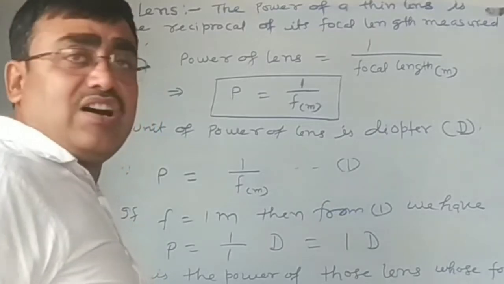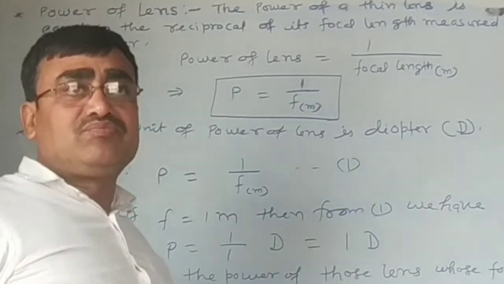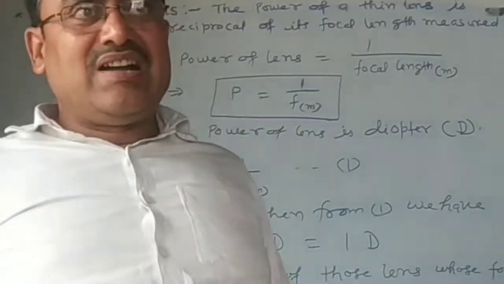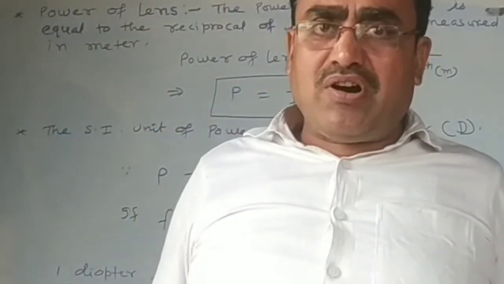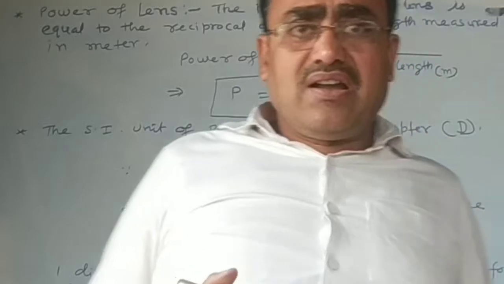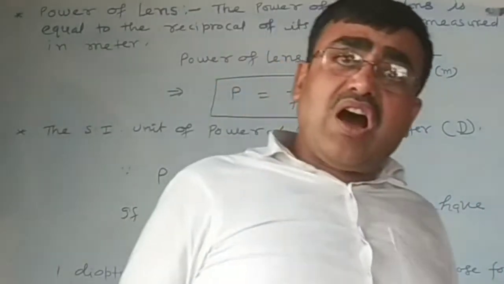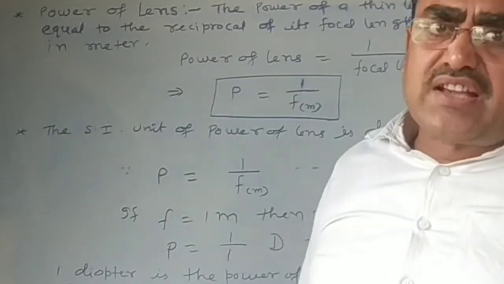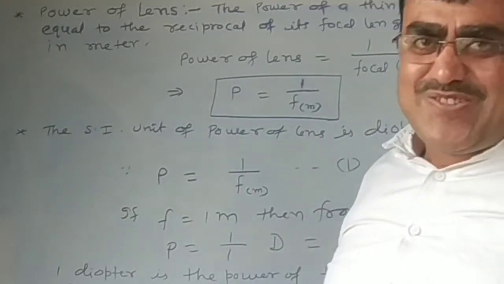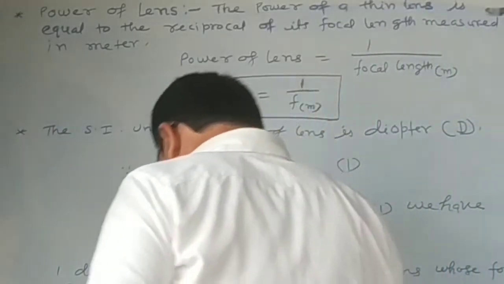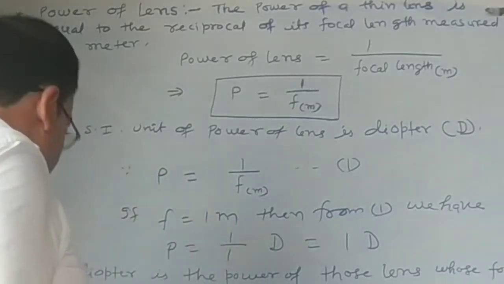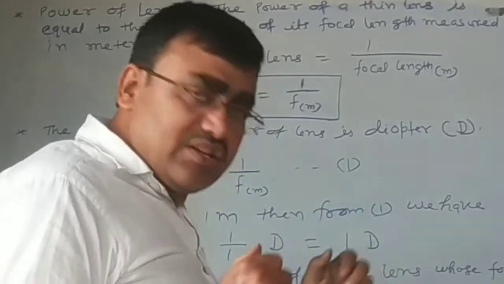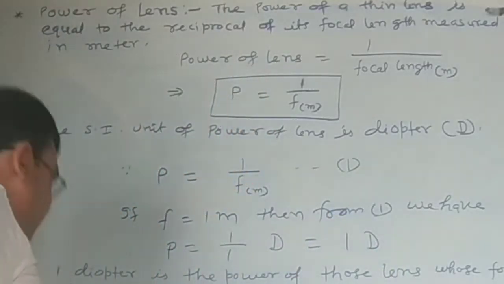This defines the 1 diopter of power. Okay, what is the 1 diopter power? It is always or often asked in your class or board examination. Okay, this is the formula to find the power of the lens.